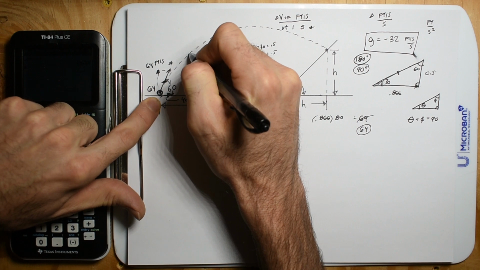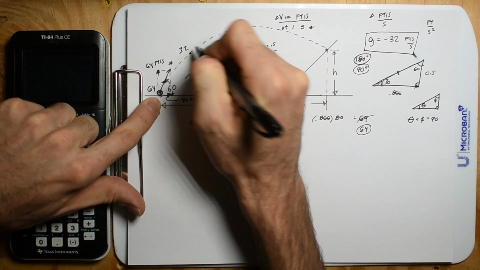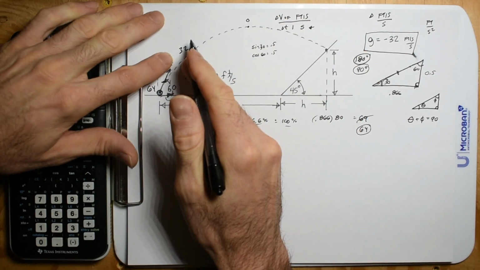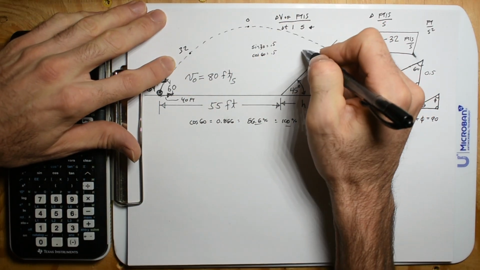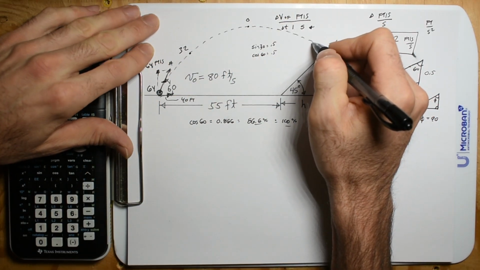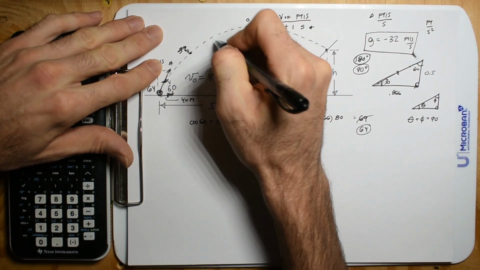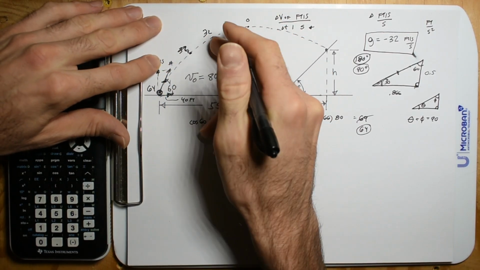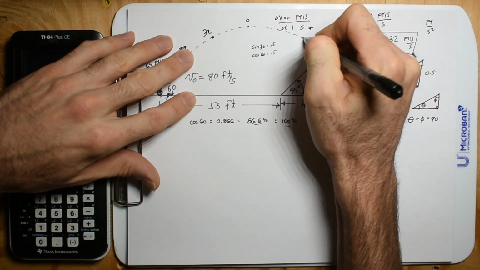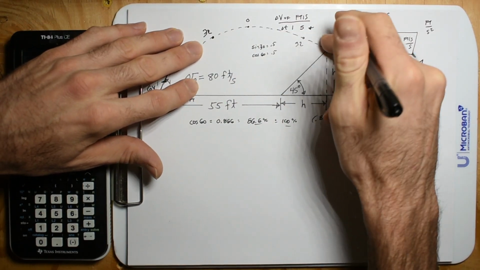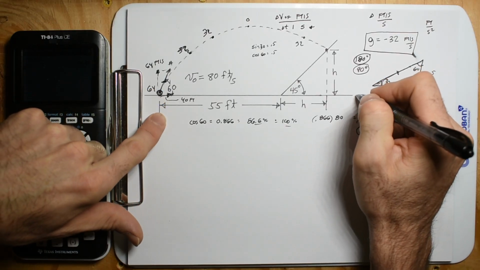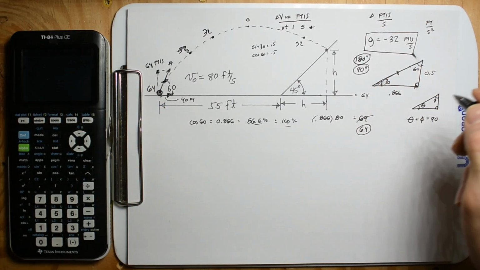In 1 second my velocity is going to be 32, and then in another second my velocity is going to be 0. And then coming back down, my velocity is going to be 32. Let's write these in. Maybe you don't know where the positions are, but now my velocity coming down is 32, and then I'm going to hit the ground at 64.